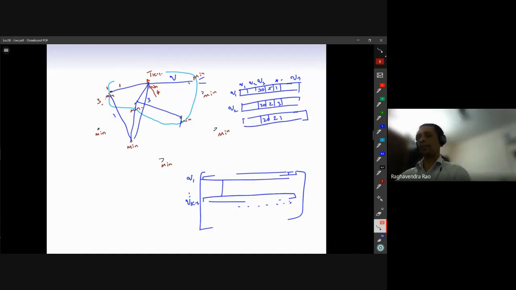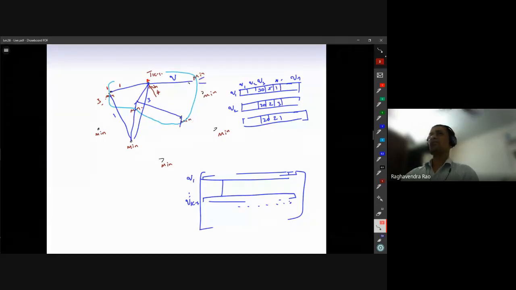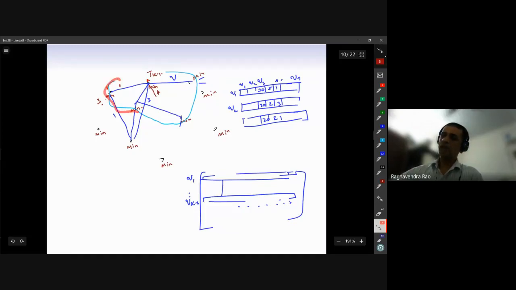So I'll have an array which consists of at most n minus 1 edges. For every iteration, how do I update this array? When I have an adjacency list, it's going to be a bit painful because you'll have to worry about indexing. When you have an adjacency matrix, it's very easy. It's basically an array representation. So you have an outgoing array here, of length at most n minus 1.